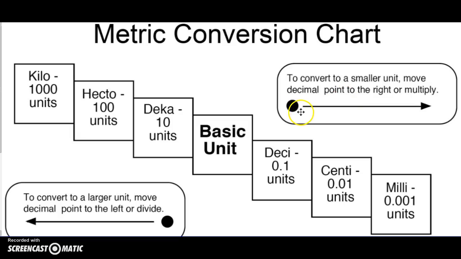So if you're going from kilometers to centimeters, you're going from the left of the conversion chart to the right, and you multiply by 10 each time. So from kilometers to centimeters, you'd multiply by 10, 100, 1,000, 10,000, or 100,000.